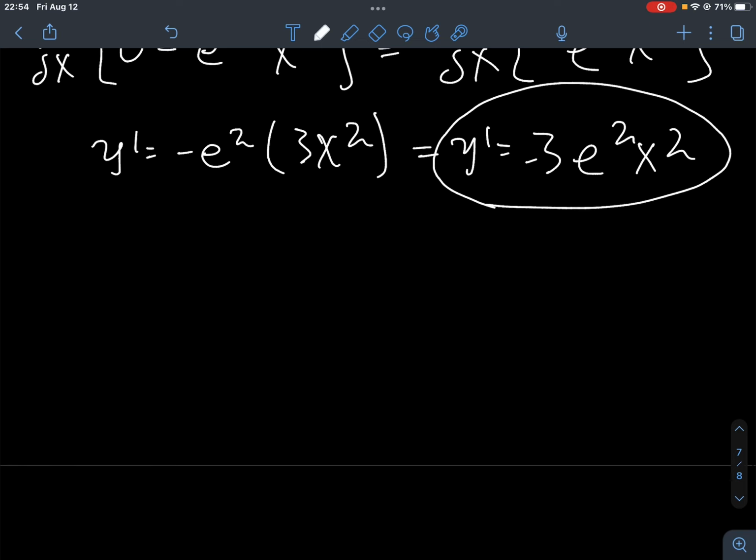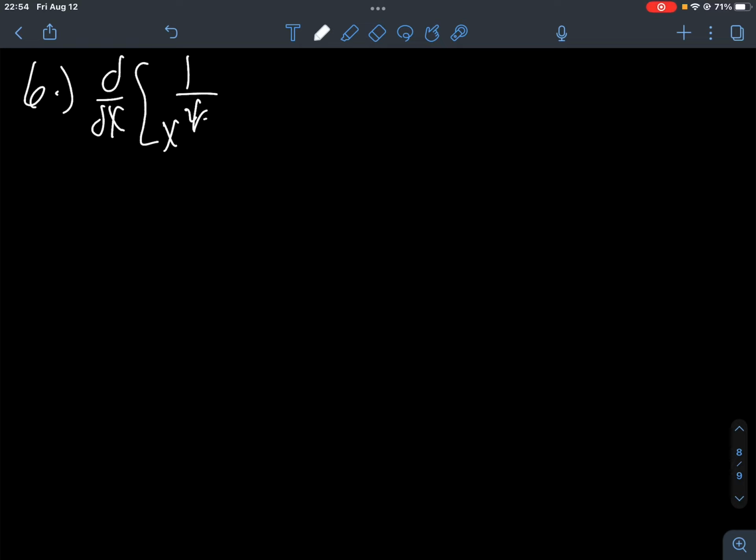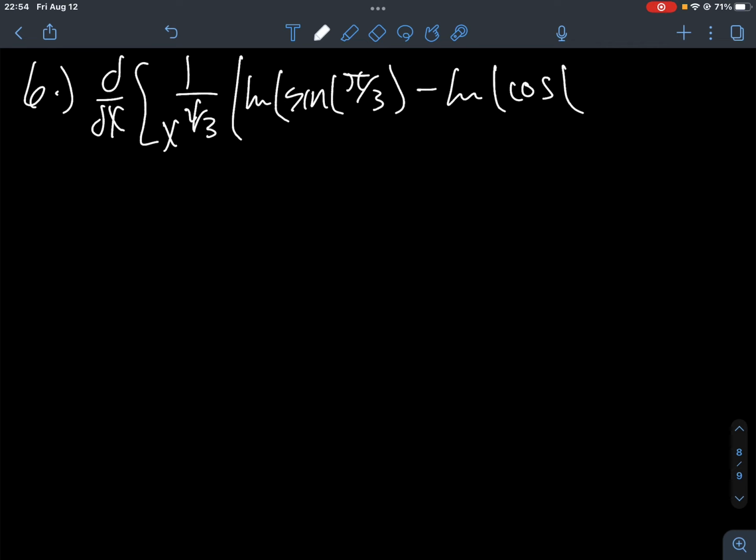Great. So now let's go into example 6. So this one's going to be a little bit longer. So take the derivative of y with respect to x of 1 over x to the 4/3 times ln of sine of pi over 3 minus ln of cosine of pi halves.